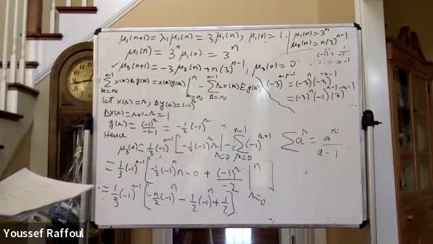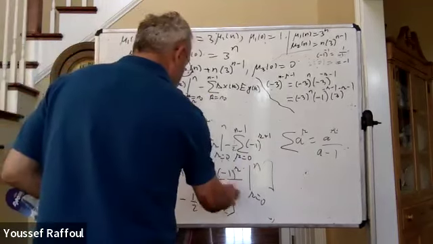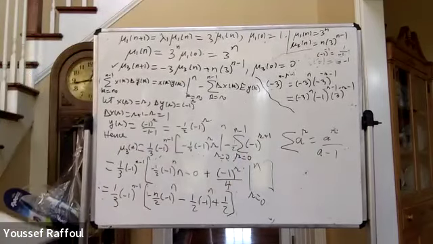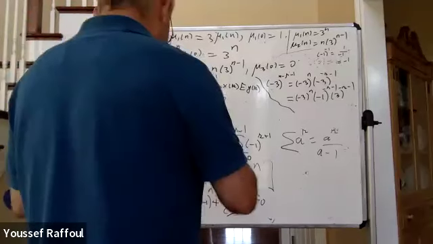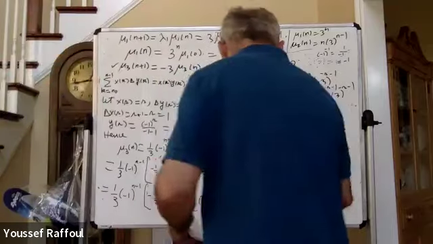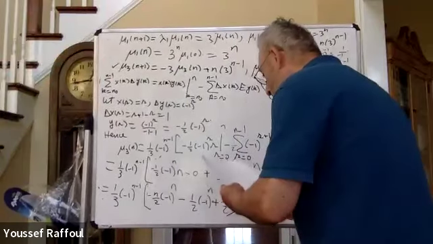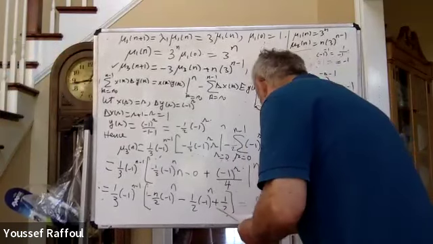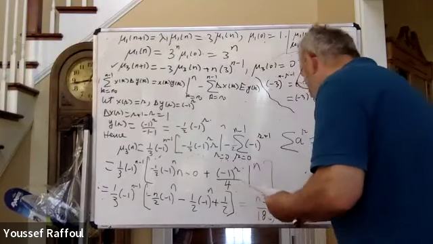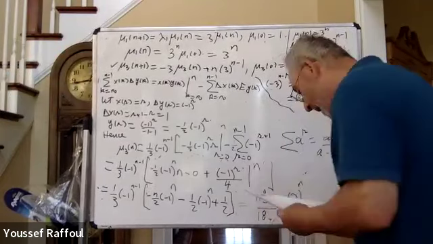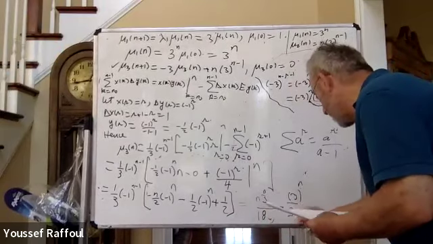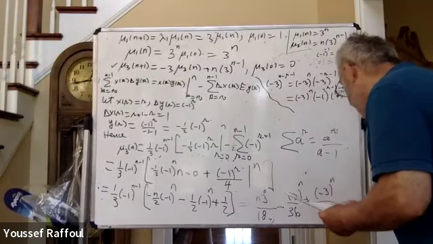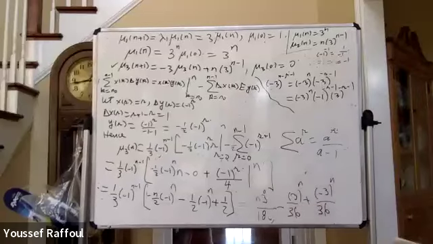So this becomes plus 1/4. All right, and this is going to give me, if you do the math correctly, 3 to the power n over 18 minus 3 to the power n over 36 minus 3 to the power n over 36.